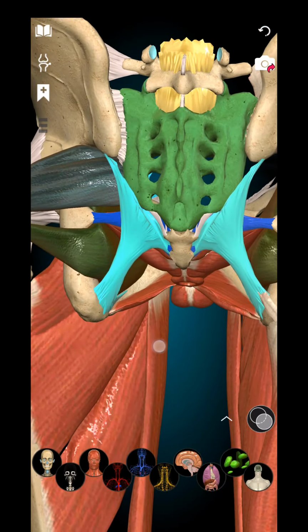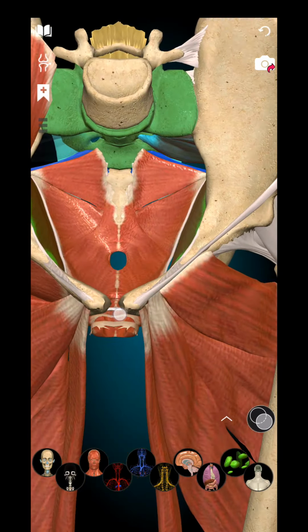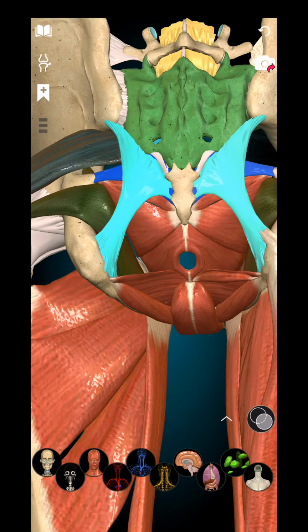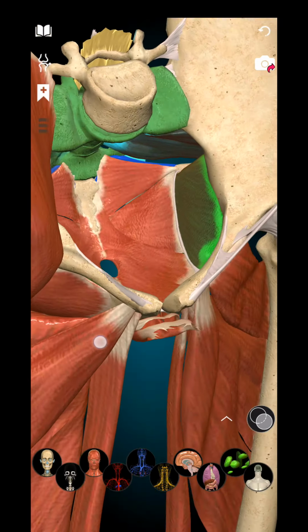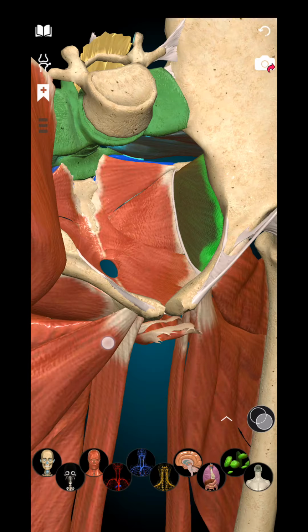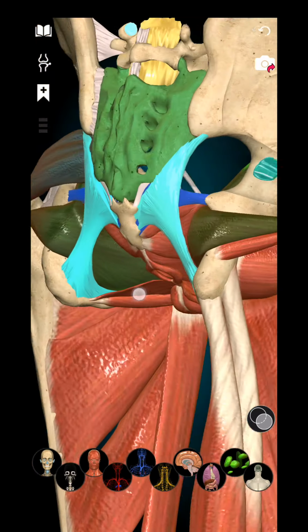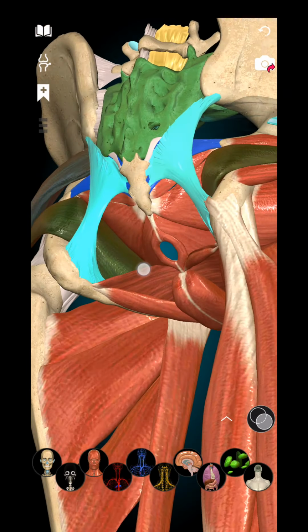So above the pelvic diaphragm we have the pelvic cavity, whereas below the pelvic diaphragm this entire area is called perineum. So your obturator internus is forming the lateral wall of the pelvic cavity in this area, whereas it is forming the lateral wall of the perineum also in this area.